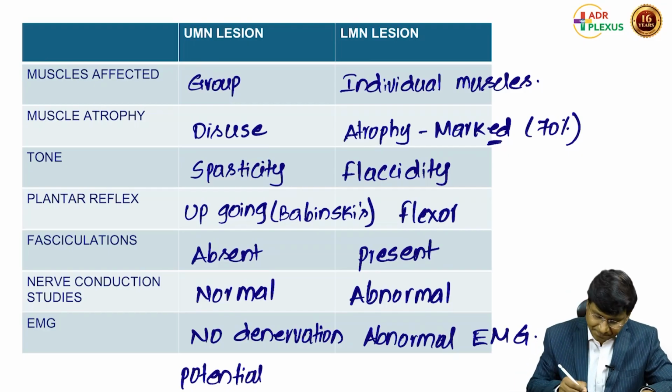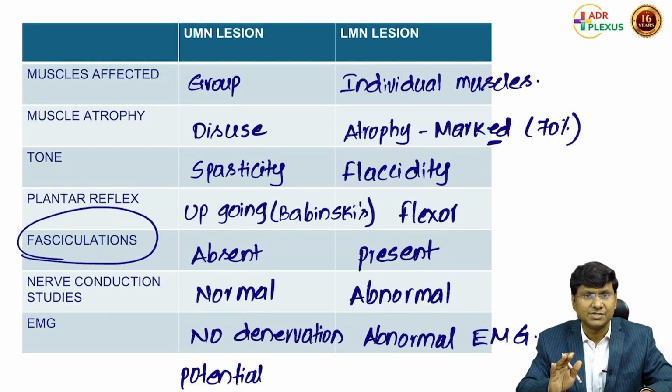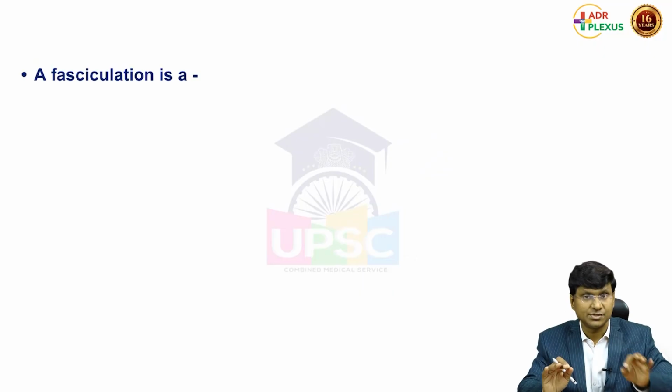These are the differences between upper motor neuron lesion and lower motor neuron paralysis. Now you need to know an important point about fasciculations. What exactly are fasciculations?